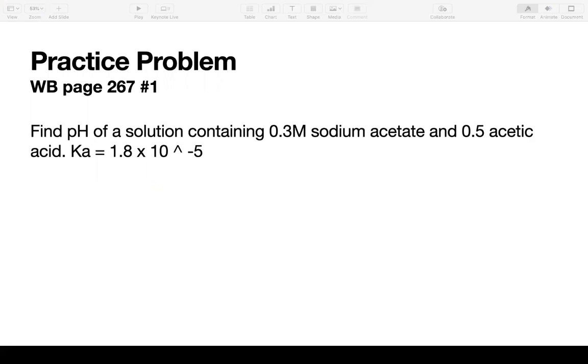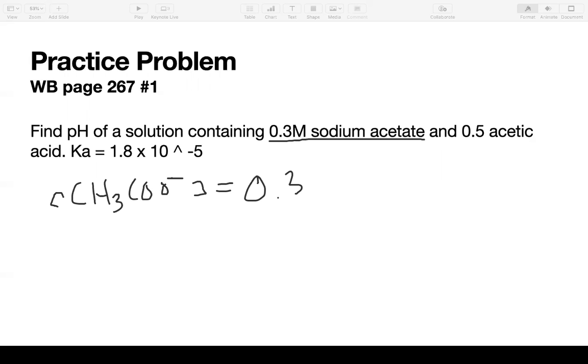Yeah, the first thing we're gonna do is write out our chemistry for this. So we know that our sodium acetate is going to completely dissociate in water. So we could write out that we have the concentration of CH3COO minus is equal to 0.3, which we got from this number right here.